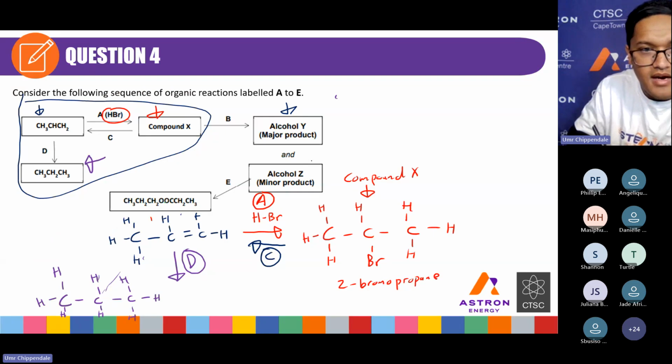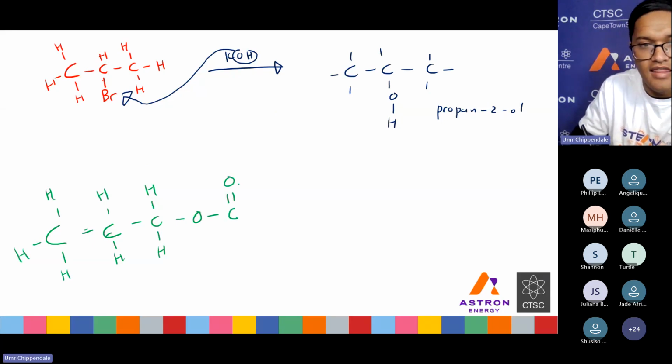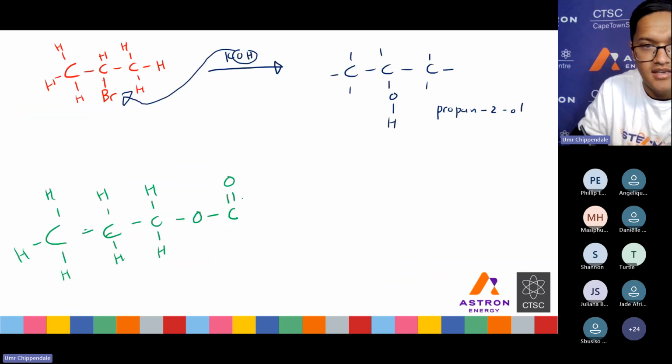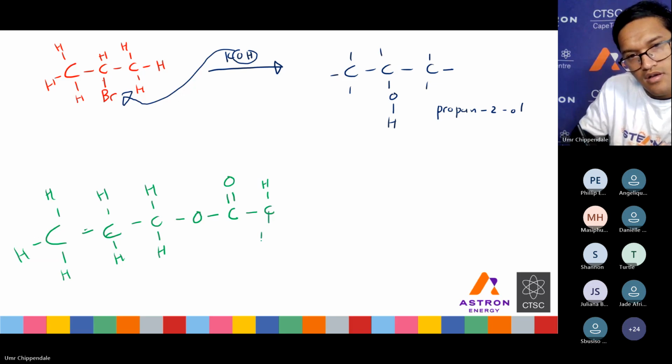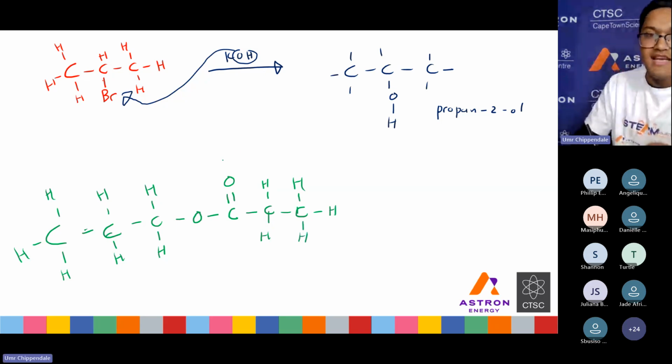Then we were given an O and then a C. So that means we're going to put our oxygen, our C, and here we have our oxygen. That represents this part over here. And now we have a CH2 and CH3. So now you're going to fill that again, CH2 and CH3. There we go. Okay, so all of that now gives us an ester.